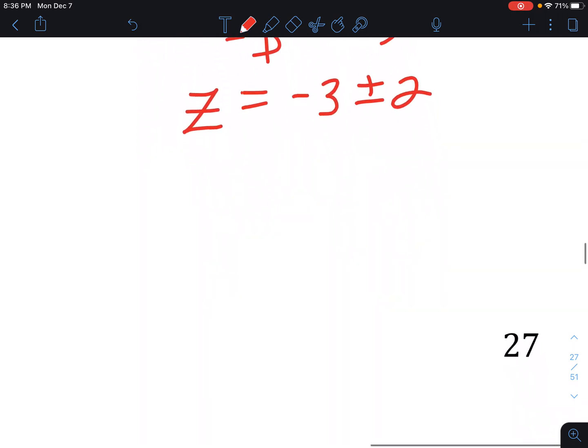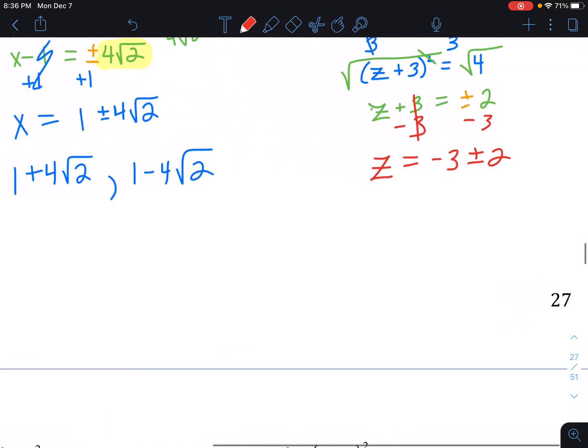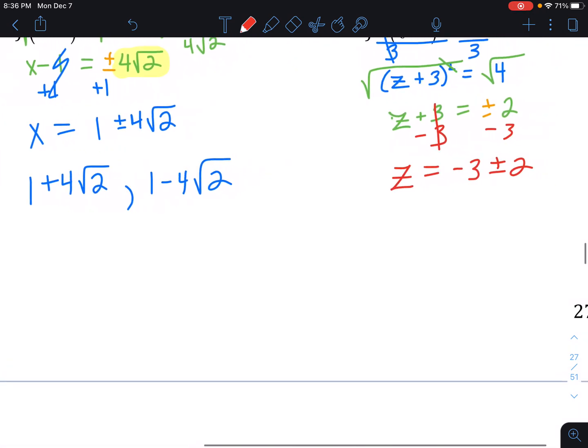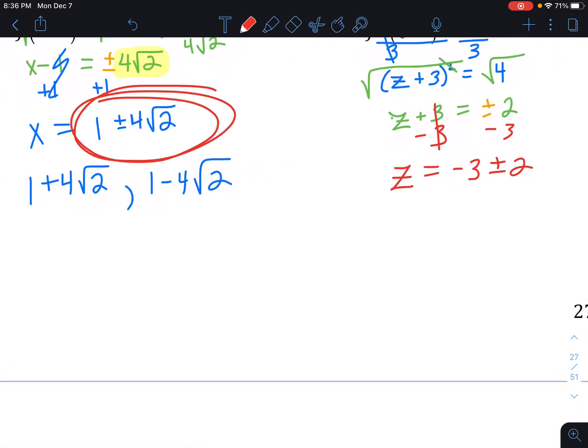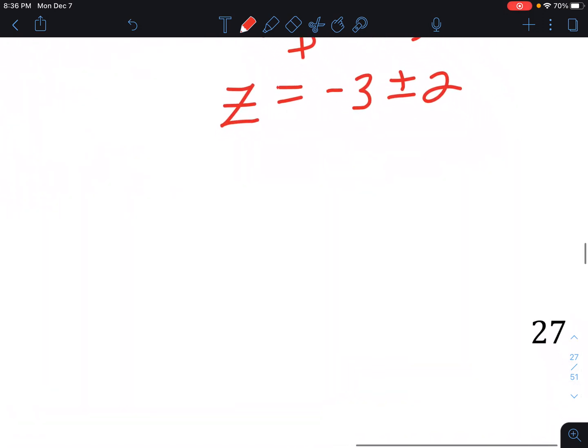We do not leave it like this. In the previous problem, you could keep it like this and not do any adding or subtracting because of the radical. But in my new problem, I don't have a radical.